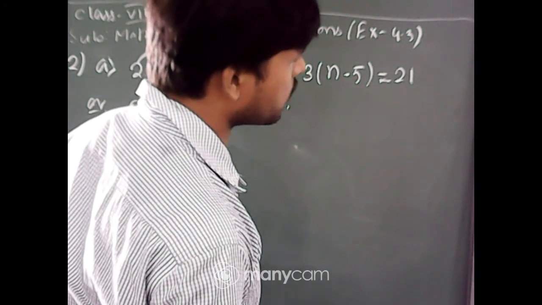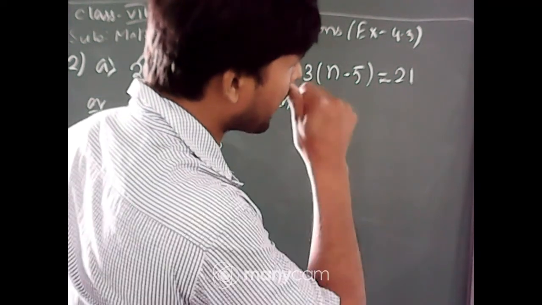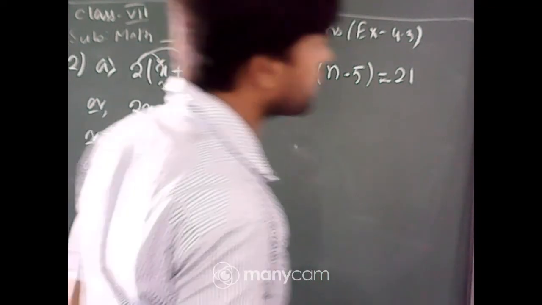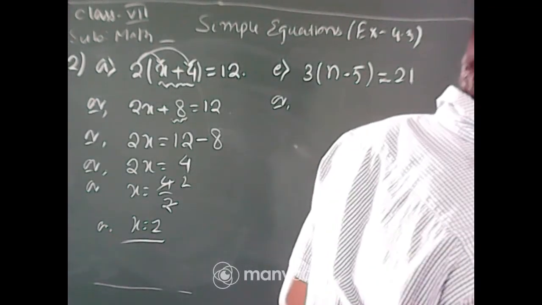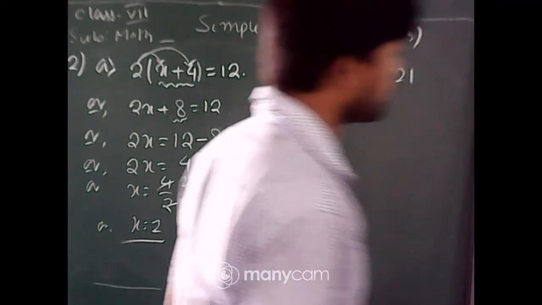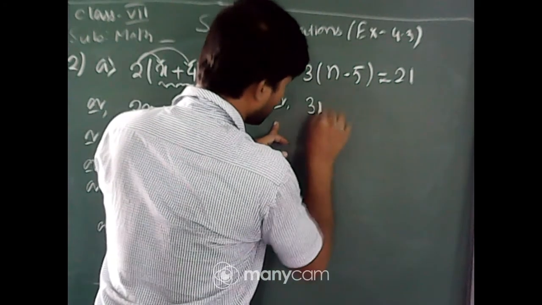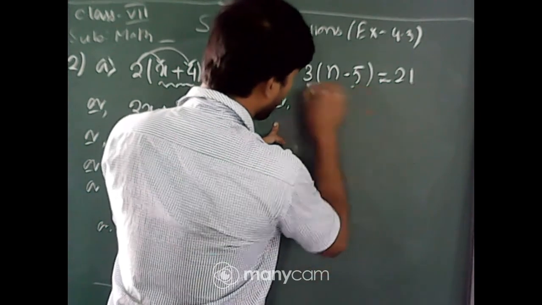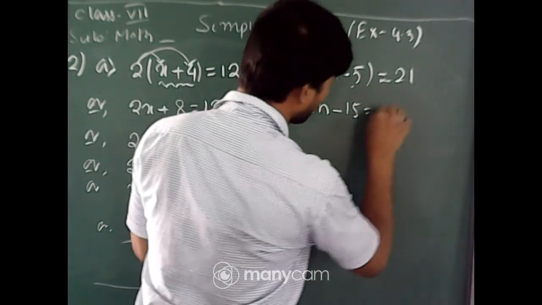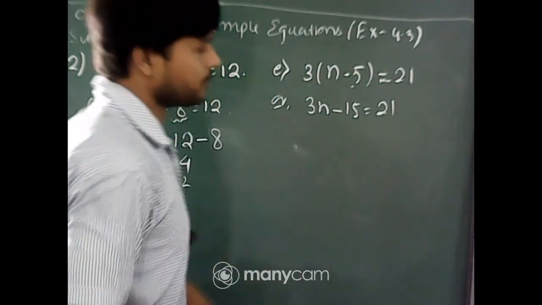Yes, the result will be n into 3, that is 3n, minus 5 into 3, that is 15, which is equal to 21.